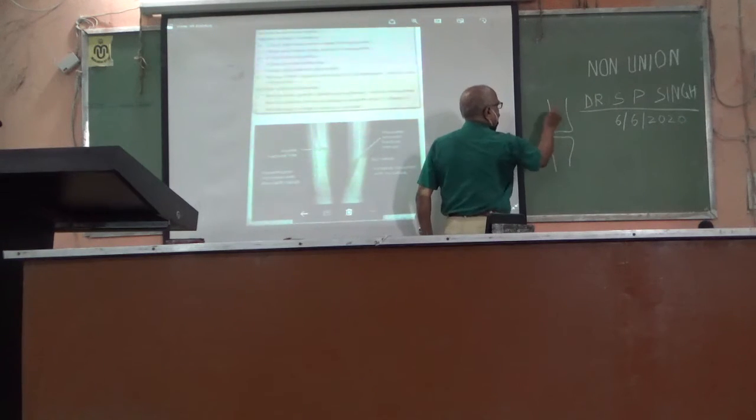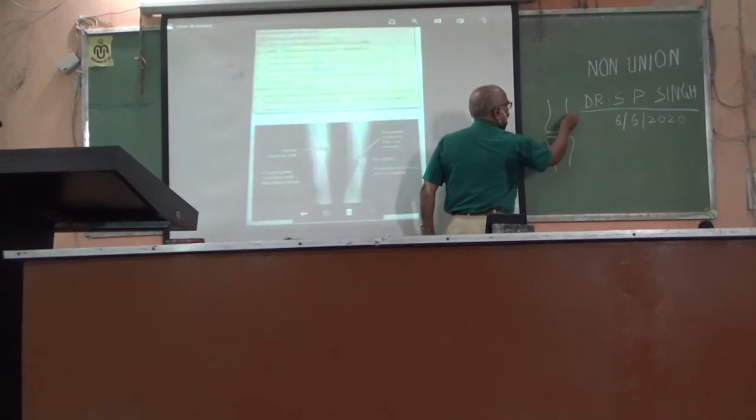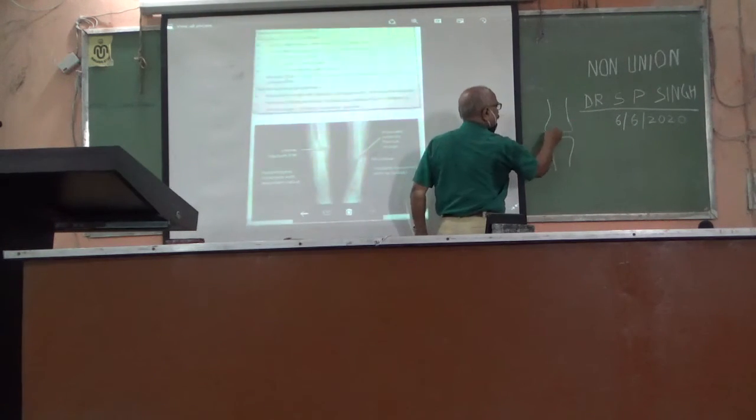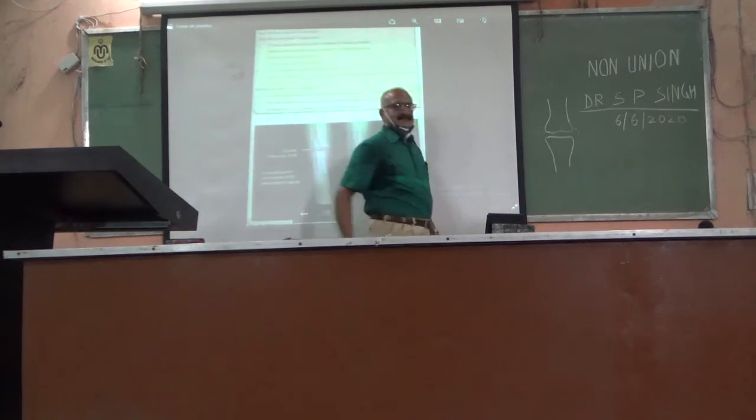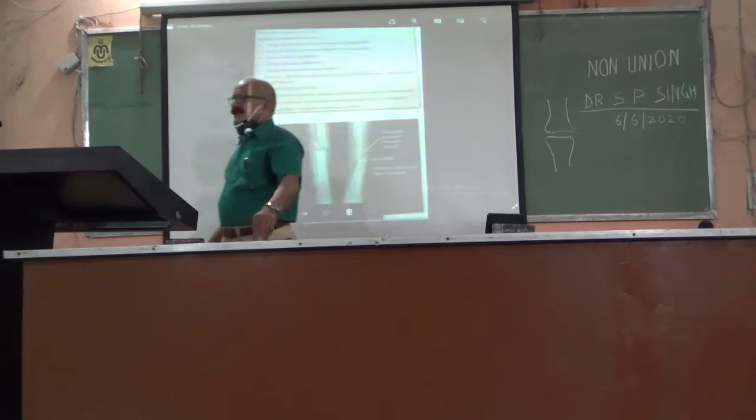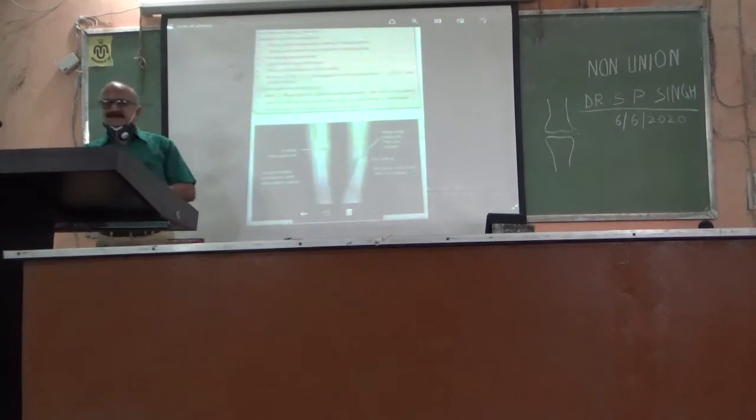This is the bone. This is the bone. और fracture site के पास ये thick हो गया. There may be some callus here and there, but it's not bridged. So this is elephant pad sign.